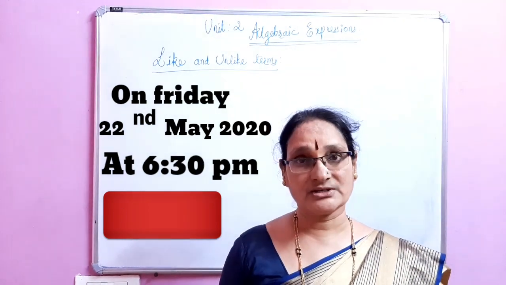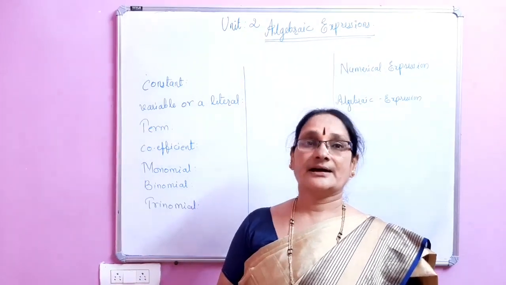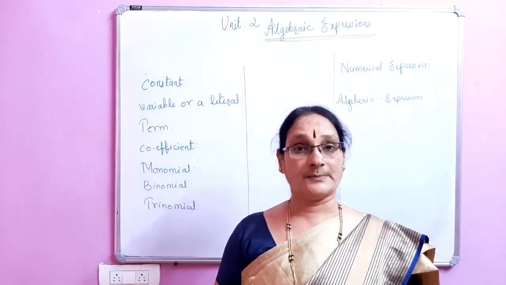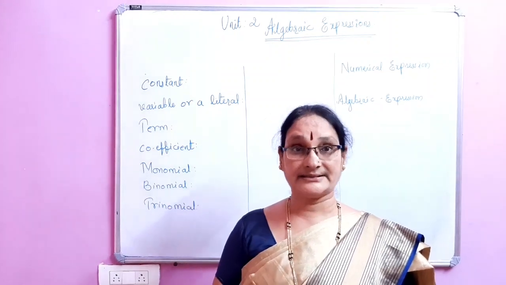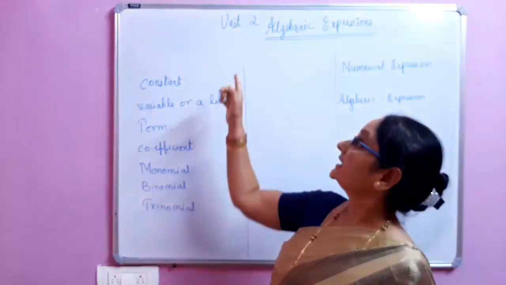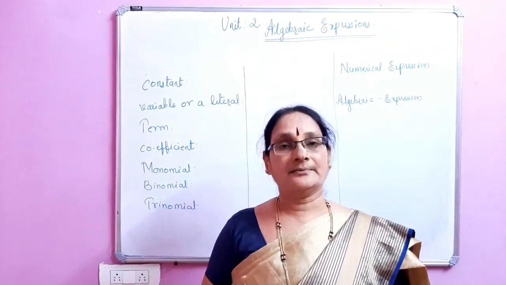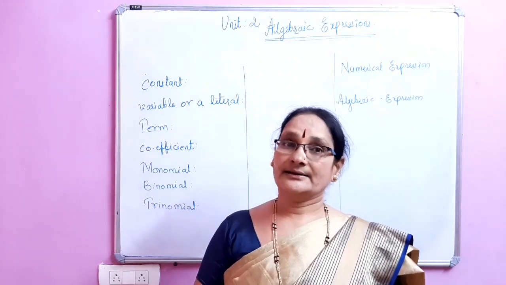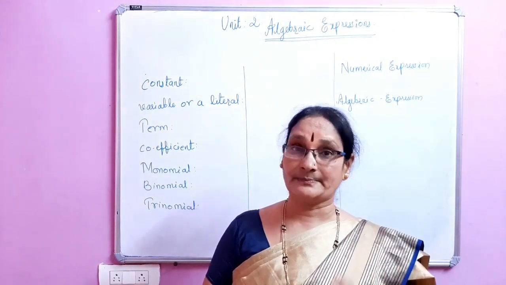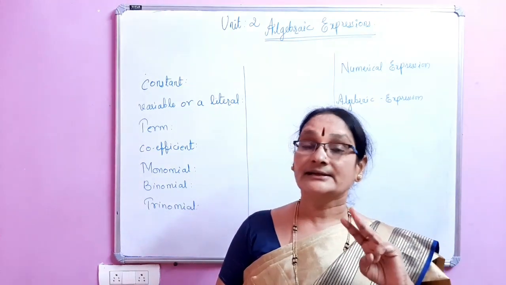Now, in my class today, I am starting the second chapter of the NCERT syllabus, 8th standard mathematics, that is algebraic expressions. This comes under the branch of maths called algebra. You know that in mathematics there are mainly three parts.